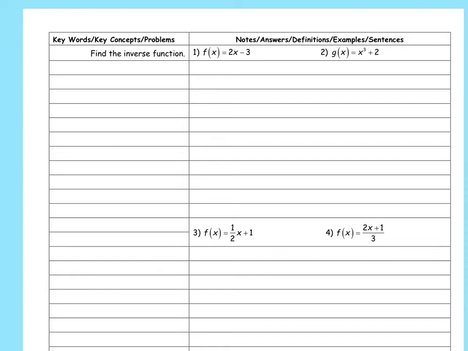So I can rewrite this as y equals 2x minus 3. And then it tells me to exchange my x and my y. So wherever there's an x, I'm going to write the y. And wherever there's a y, I'm going to write the x. So this becomes x equals 2y minus 3. Okay, is everyone okay with that?